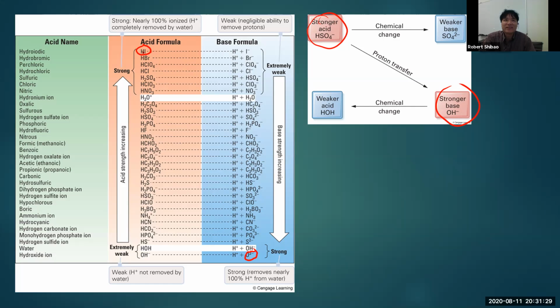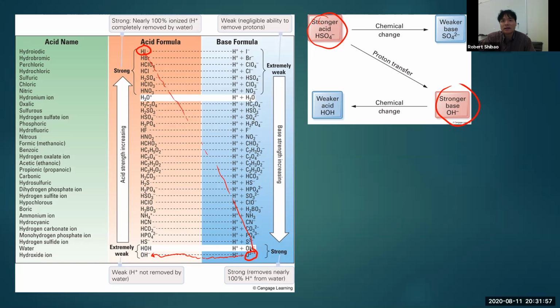Because what's going to happen is HI reacts with oxide, and it's going to produce the weaker conjugate acid, hydroxide, here. And so when we compare the two acids, HI versus hydroxide, well, HI is much, much stronger. In fact, hydroxide, we don't even consider an acid. We consider that a strong base. And so in other words, this is a huge downhill here.